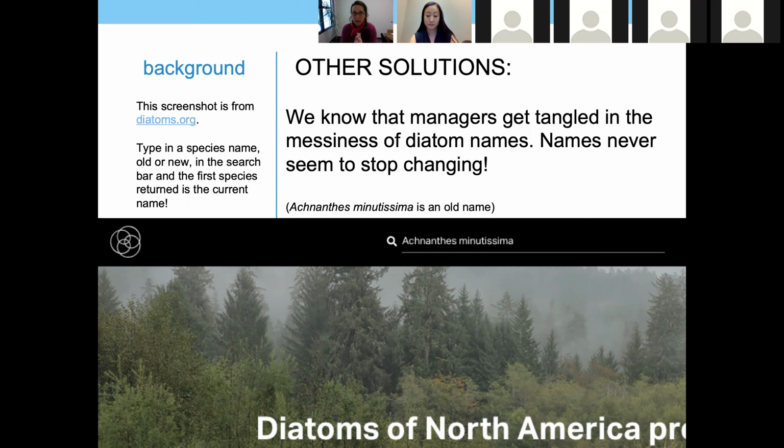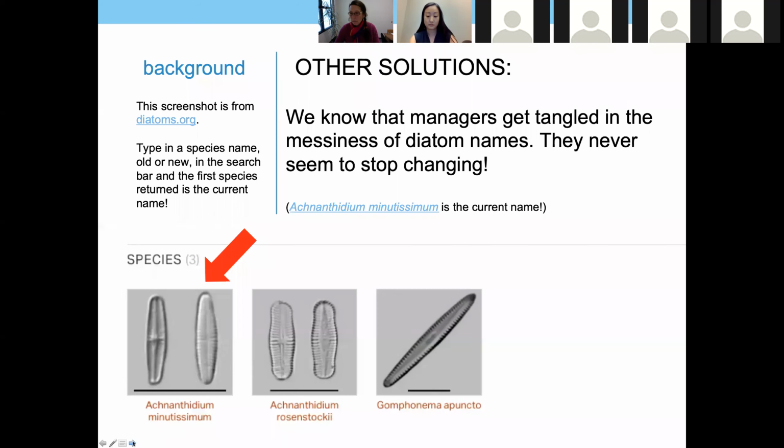One way on the Diatoms of North America site, if you know the old name, you can type in the name that you know, and the first species that comes up is going to be the current name.